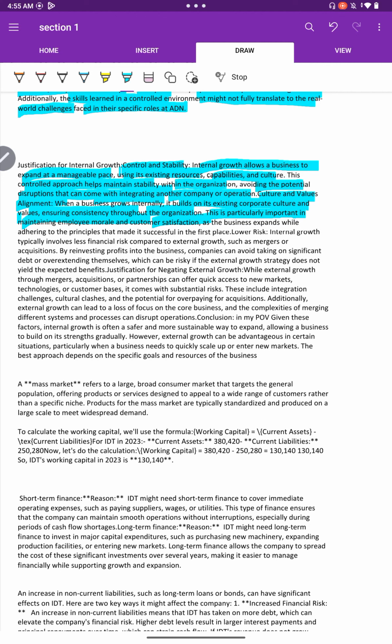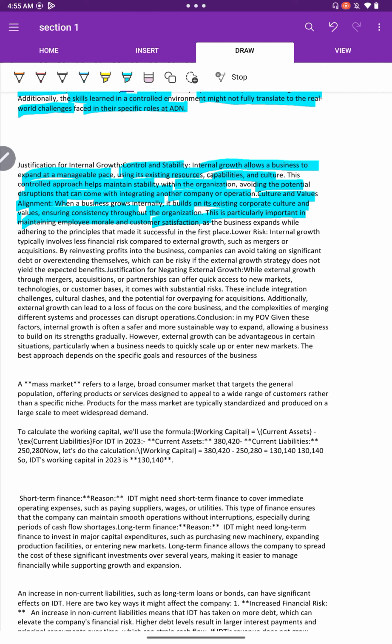So this is the con of external growth. If you are merging with any other company who has different practices and different kinds of leadership styles, this is the cultural clash of businesses.